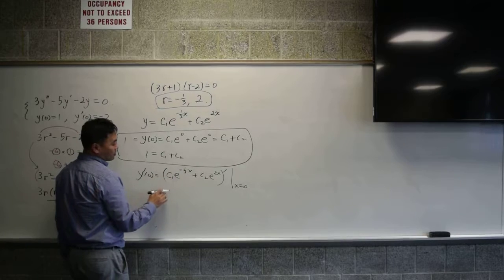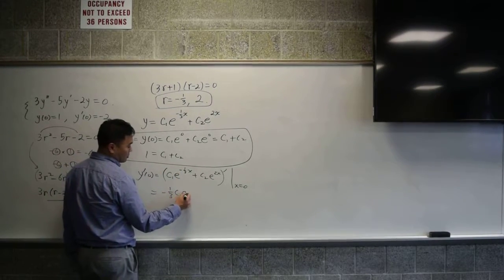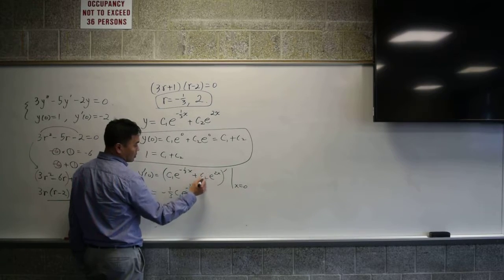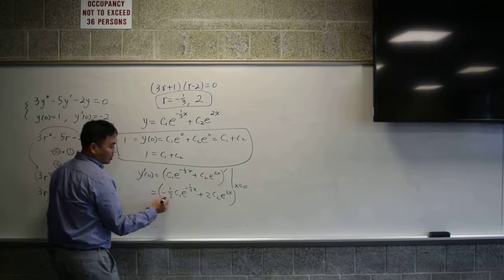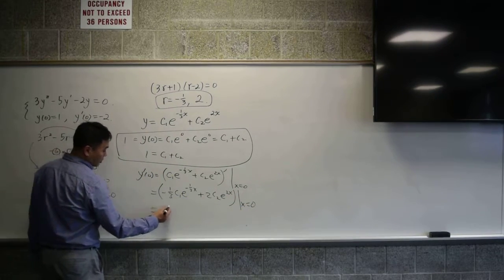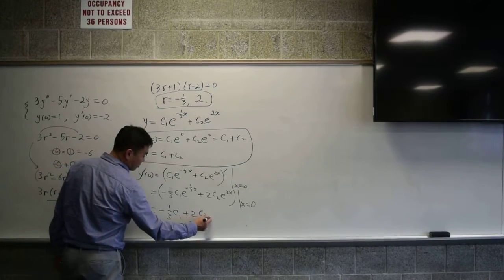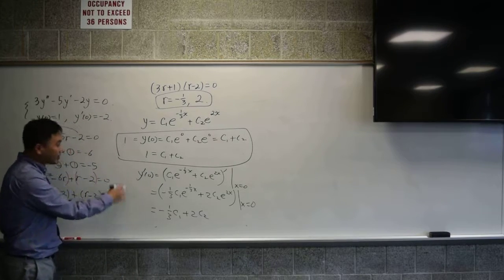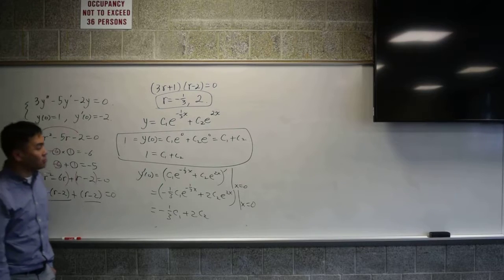And if you differentiate this by the chain rule, negative 1/3 appears in front. 2c2 e to the 2x appears. And then you have to plug in x equal to 0. So you end up with negative 1/3 c1 plus 2c2 equals y prime of 0, which in turn is equal to negative 2.